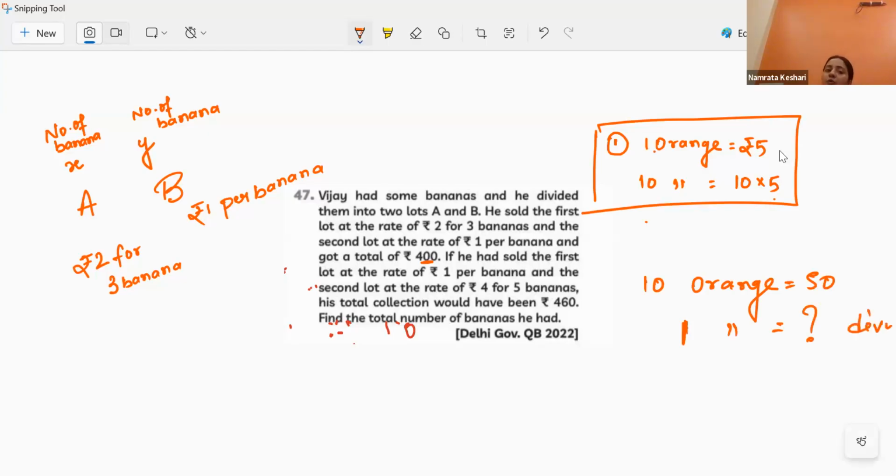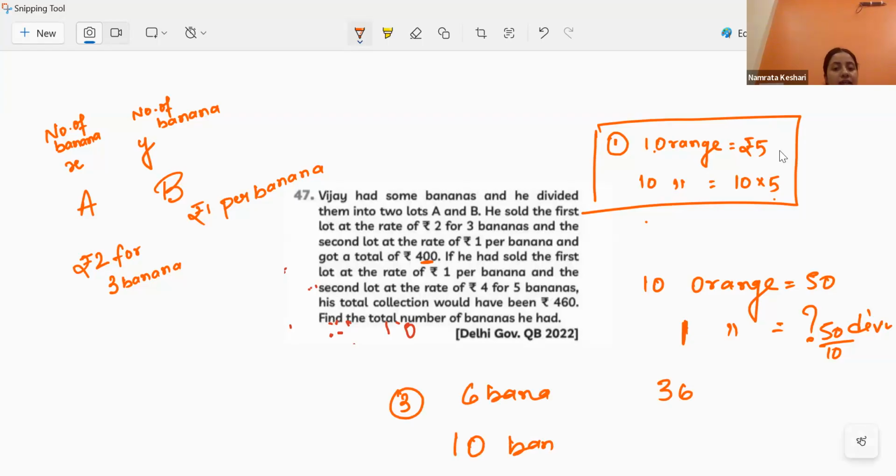You divide 50 by 10 and you get one piece's price. And then comes the combination of these two, the third one: 6 bananas' price is 36, tell me the price for 10 bananas. Here 1 is not there.